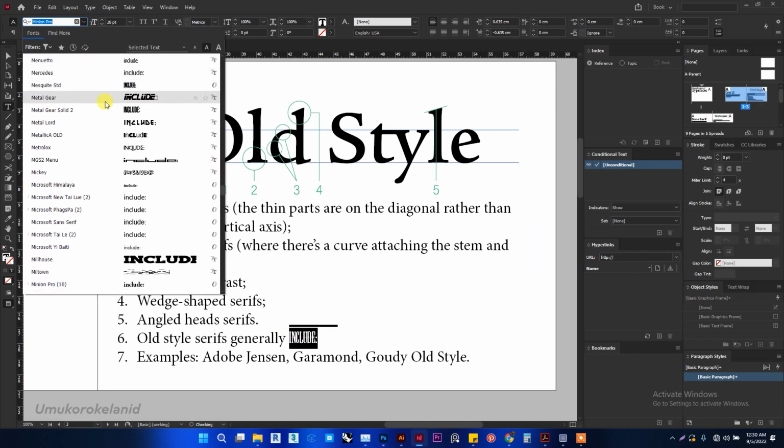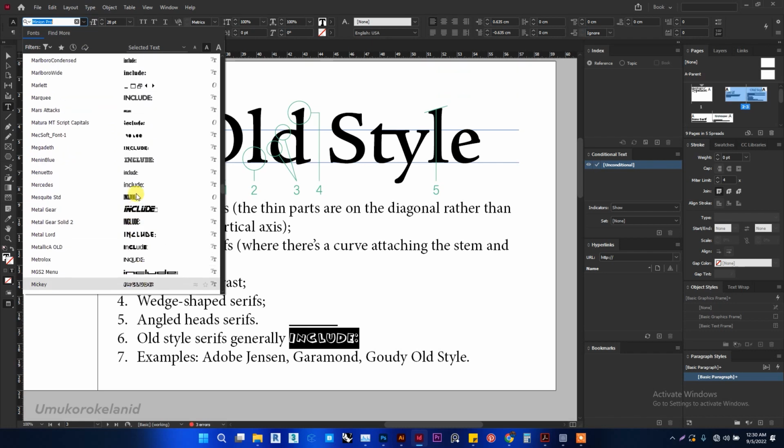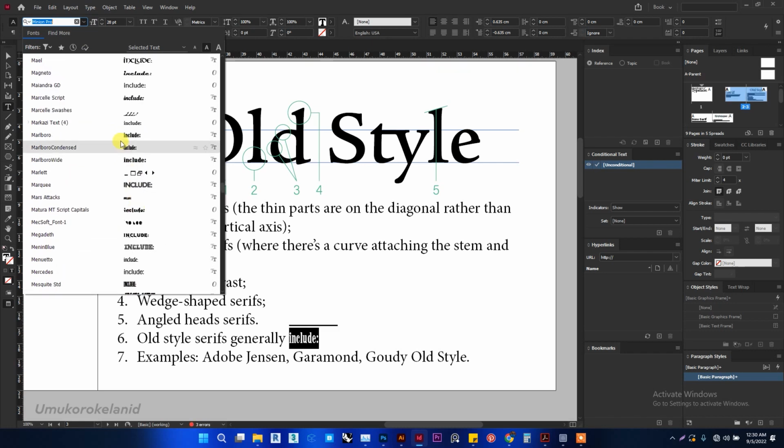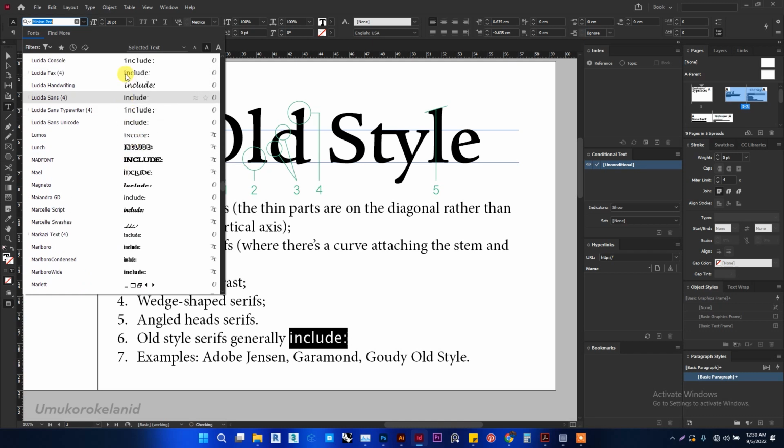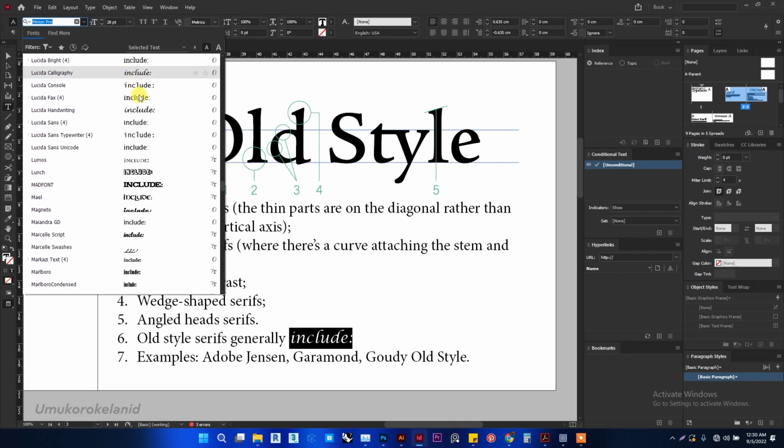We know that every typeface that has special characters or ornamentations at the edges of their letter are called serif. So this is a perfect example of serif also here. We have different serif fonts.